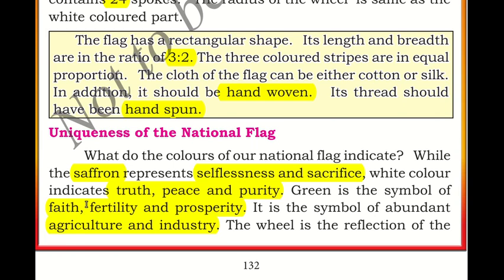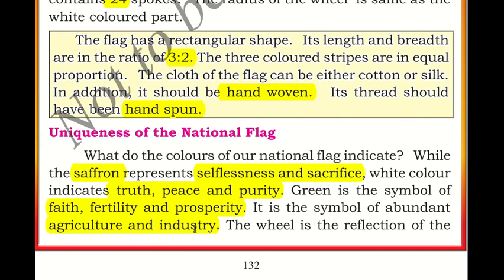Each single color has its own unique representation: saffron represents selflessness and sacrifice, white represents truth, peace and purity, and green represents faith, fertility and prosperity. Green is the symbol of agriculture and industry.